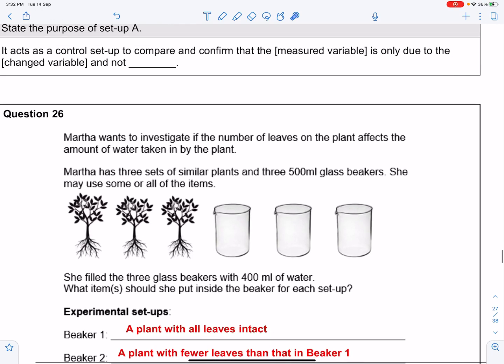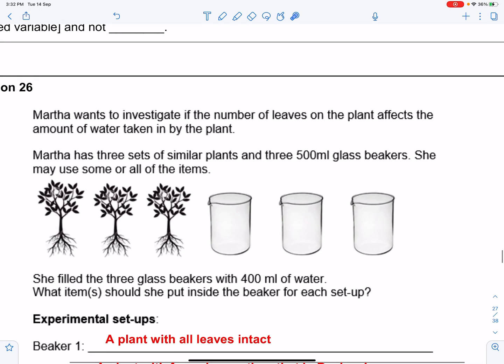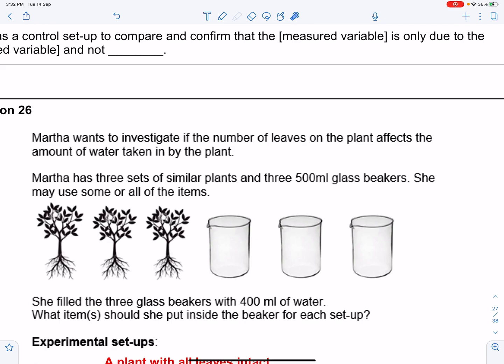Let's take a look at this as an example. Martha wants to investigate if the number of leaves on the plant affects the amount of water taken in. First things first, I told you already, always talk about the change variable and the measured variable. So this is your change variable, and this is your measured variable.